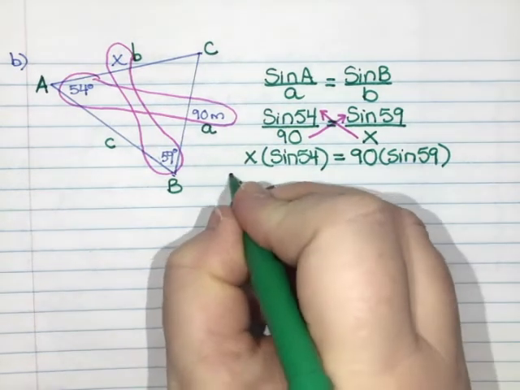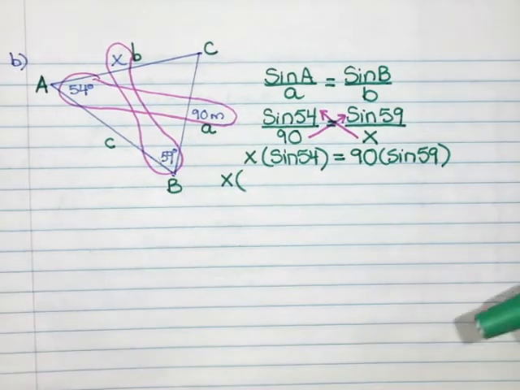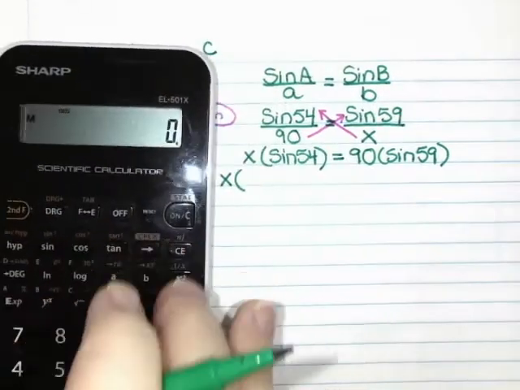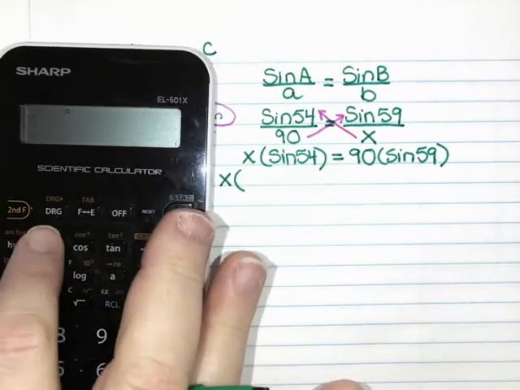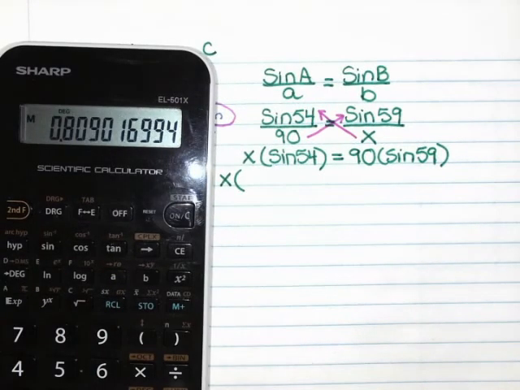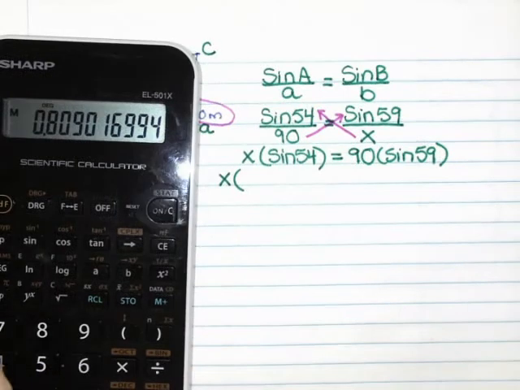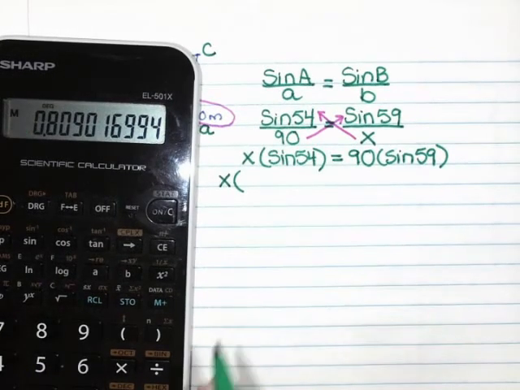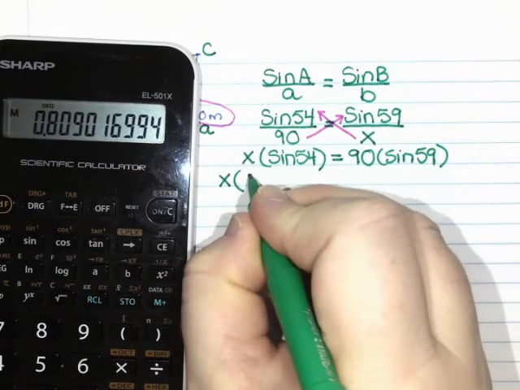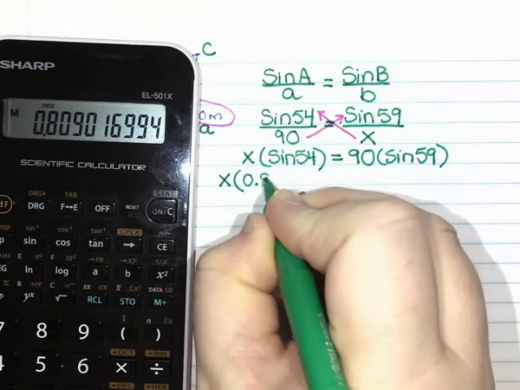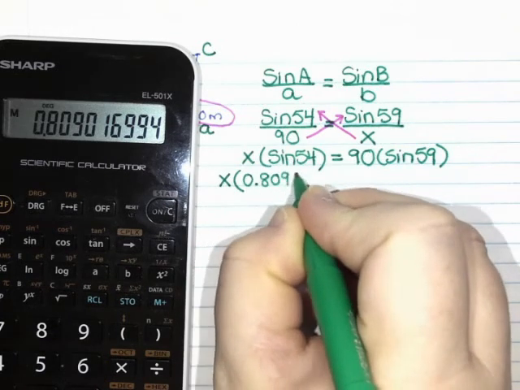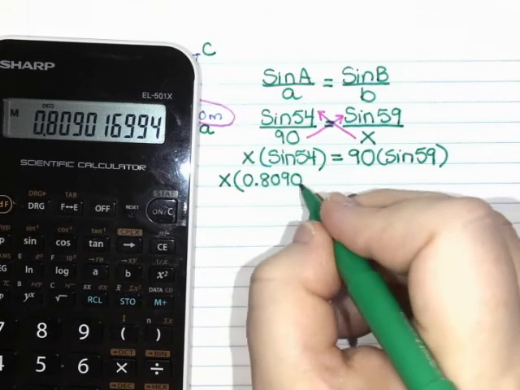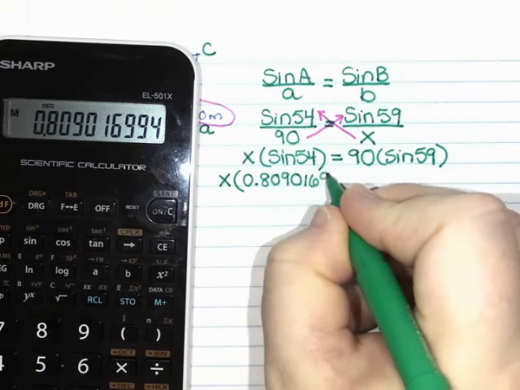So on my next step, I'm going to calculate sine of 54. So I have to do 54 sine. That's how I get my calculator to work. And I am always checking that I am in degrees. And I need to write down every single last decimal place. I'm sorry, but that's just the way it is. So I have 0.809016994.